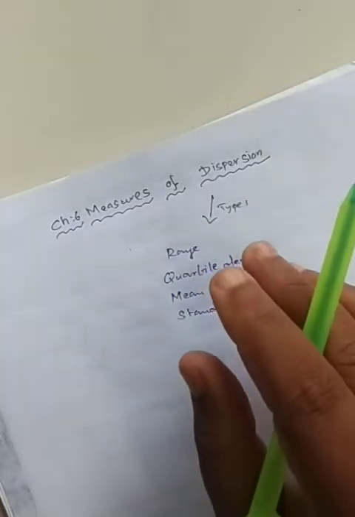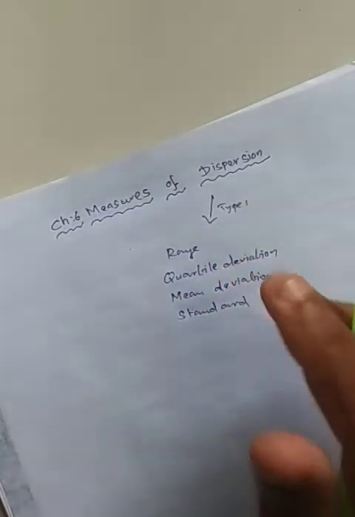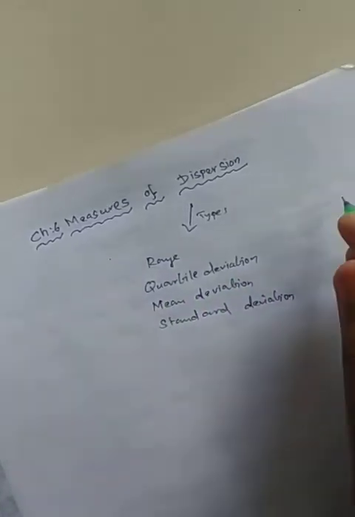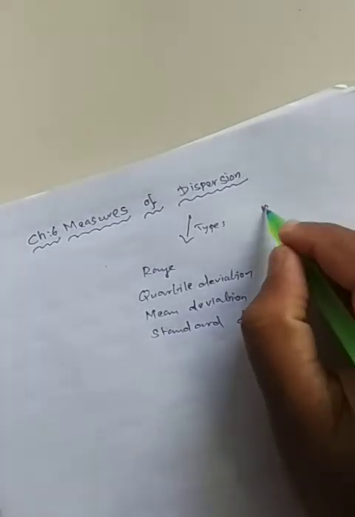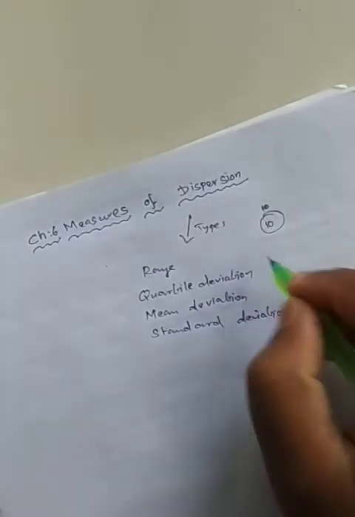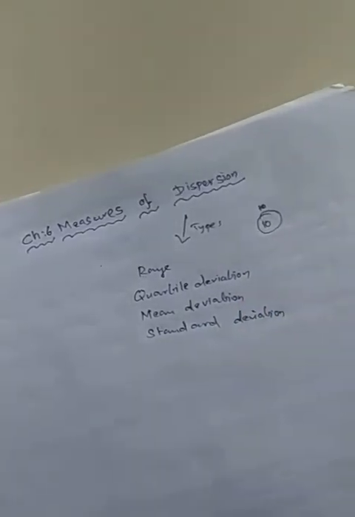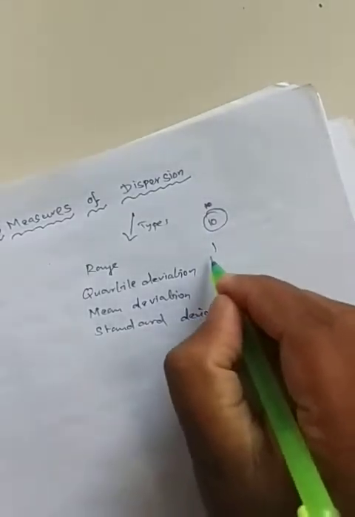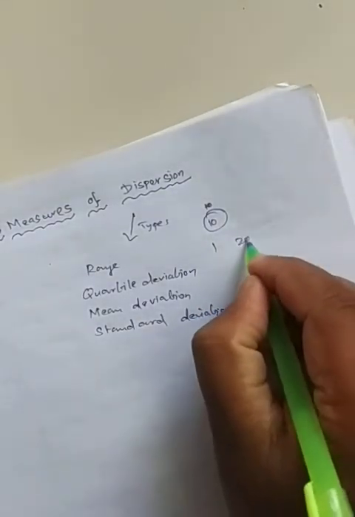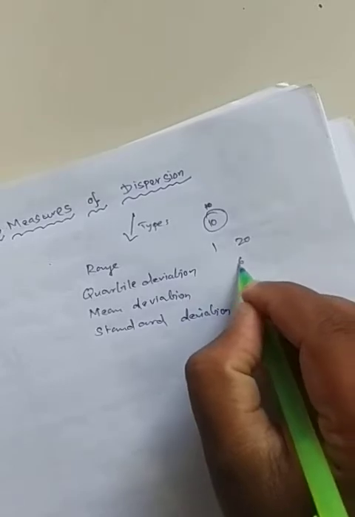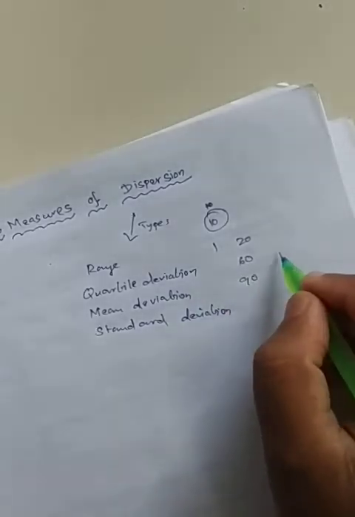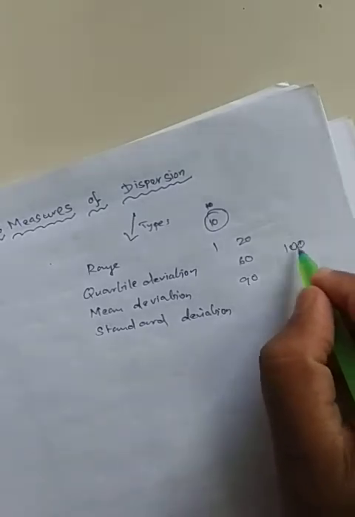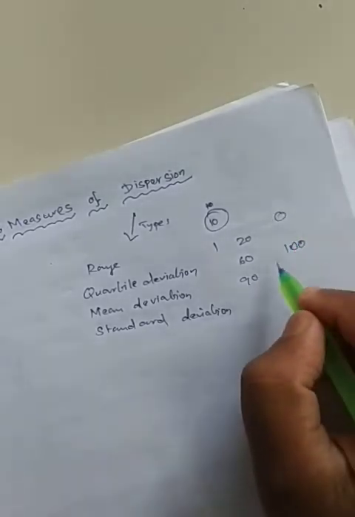Data is how scattered. For example, in your class there are 10 students. What are their marks? For example, 1, then 20, then 60, then 90, then 100, and 0.